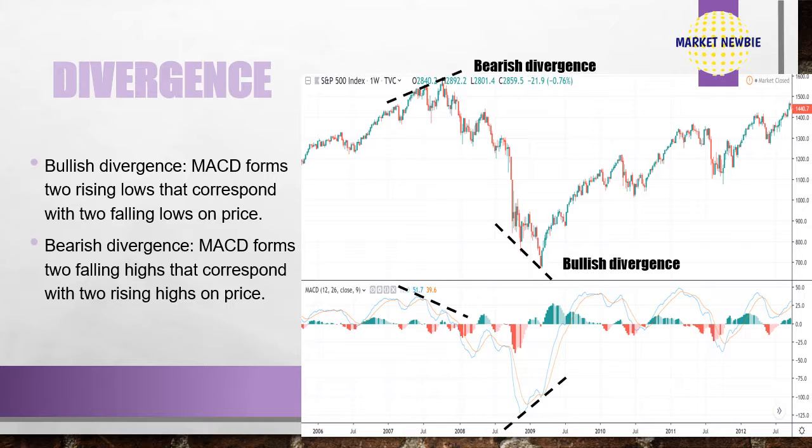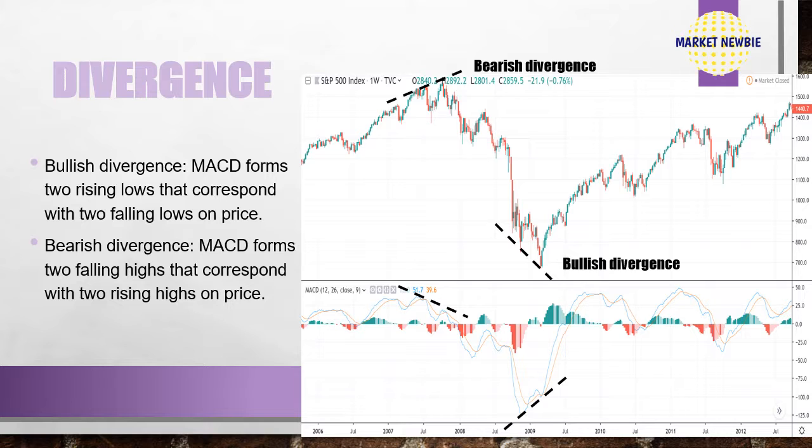Therefore, we should say that we need to practice more on our skills on how to detect it. We might also consider using other indicators to help. For instance, if you suspect a bearish divergence, but the trading volume is actually still very high, then it's unlikely that eventually there's going to be a divergence there.